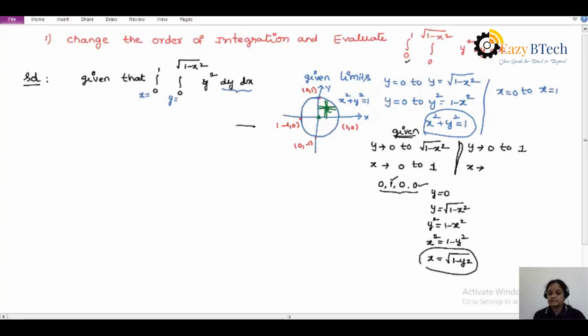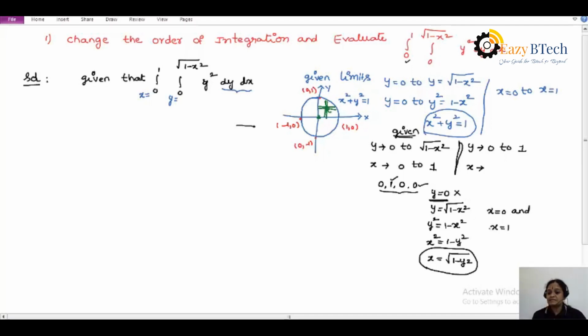Because x limits are functions of y, one of the limits is x is equal to root of 1 minus y square. Now we need another limit, the second limit. Using the x limits given in the question, x is equal to 0 and x is equal to 1. Because y is equal to 0 is the y limit, we are not considering it.